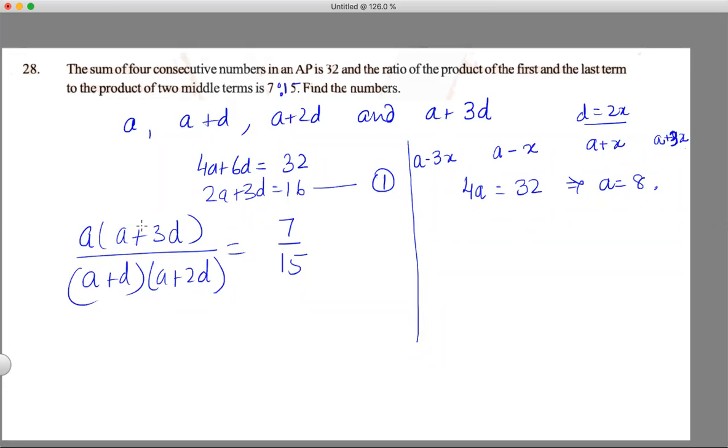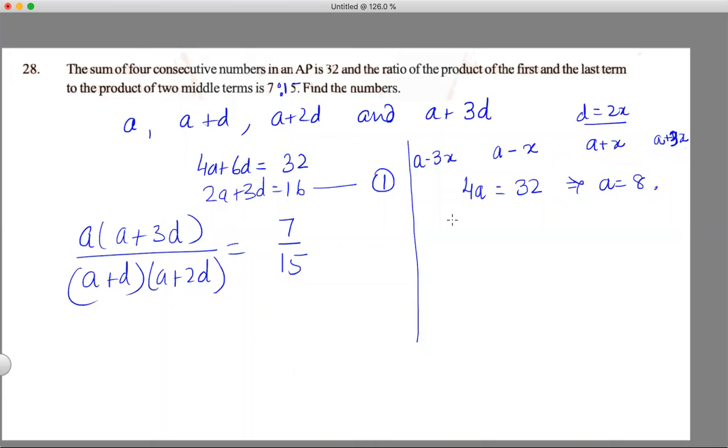And we won't have to solve any simultaneous equations. ठीक है? तो ये एक अच्छा मेथड है, इसको समझने की कोशिश करिए. ओके? सो अब हमारे को a इज इक्वल टू 8 आ गया.